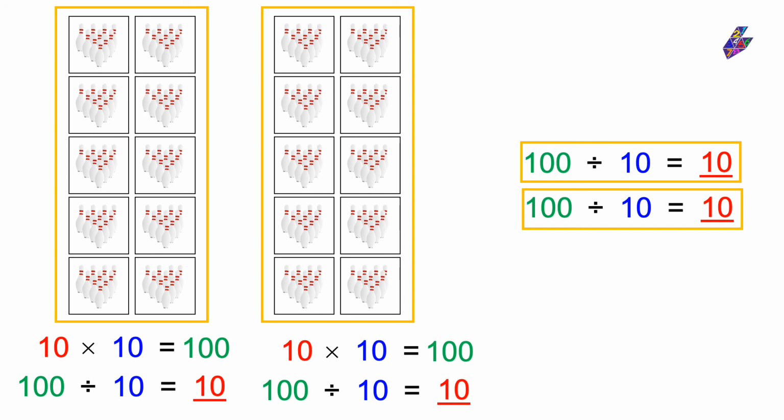So if we think about what this looks like as one equation rather than two, we had 200 bowling pins all together. We divided them into groups of 10 because we needed 10 pins in each lane. And this created 20 groups of 10, which means that we'd be able to set up 20 lanes. 200 divided by 10 equals 20.